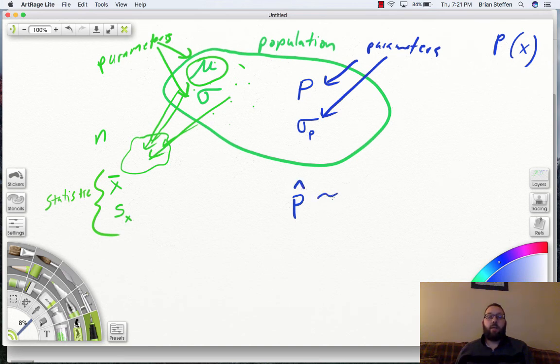So p hat approximates what the actual p really is, just like over here, x bar approximates what I think the actual mu is, and s approximates what the actual population standard deviation is. All right. Because again, in most cases, you're never going to be able to sample everything in a population. That is, you can't take a census. A census is if you take everything in the population. All right, so you have to take a sample, and then we make estimates about it.